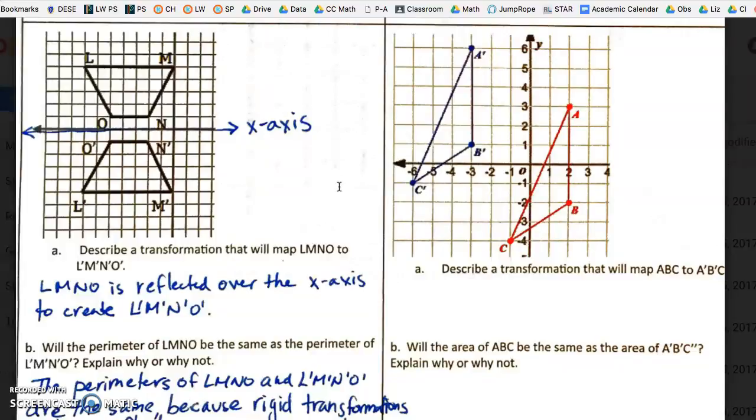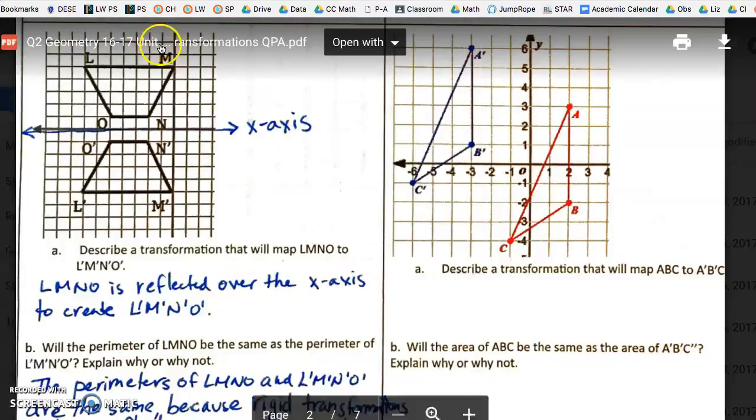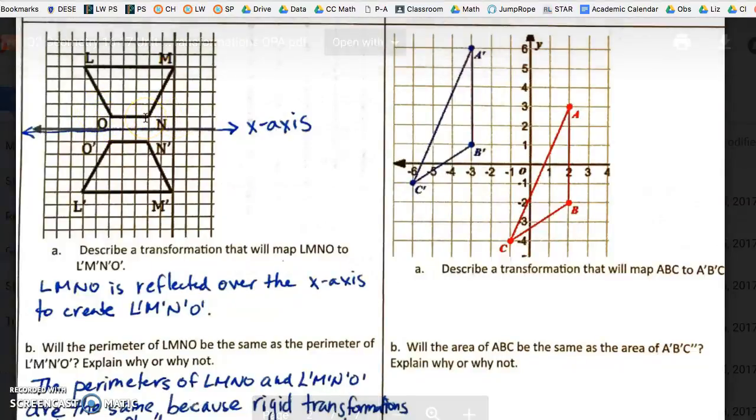And this quadrilateral is reflected over the x-axis to create L prime, M prime, N prime, O prime. And the way that we can check this is we can see what is the distance between each point and the line of reflection, or I guess I should say the vertex of the pre-image and the line of reflection, and the coordinates of the post-image and the line of reflection.